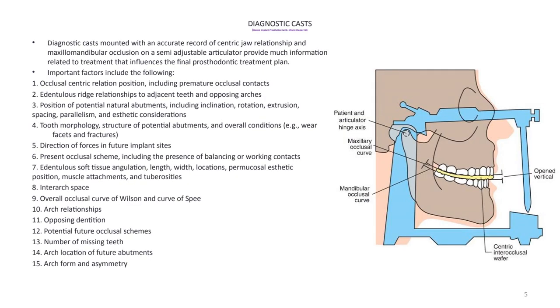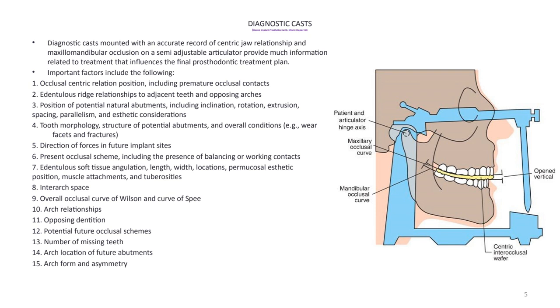So the diagnostic casts are mounted with an accurate record of centric jaw relationship and maxillomandibular occlusion on a semi-adjustable articulator to provide more information related to the treatment that influences the final prosthetic treatment plan. And this is very important when we use those preliminary diagnostic casts.